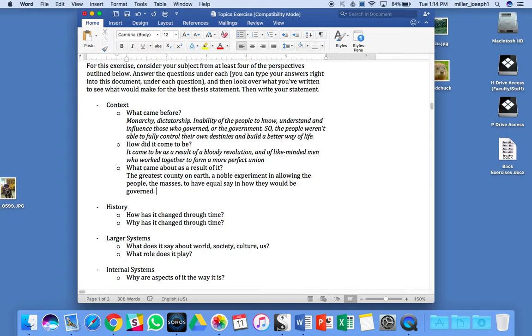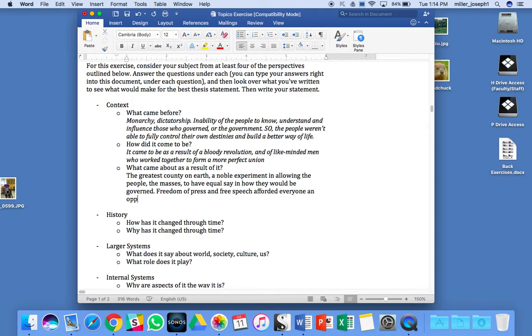I think also freedom of press and free speech afforded everyone an opportunity to speak their minds and to raise new ideas.